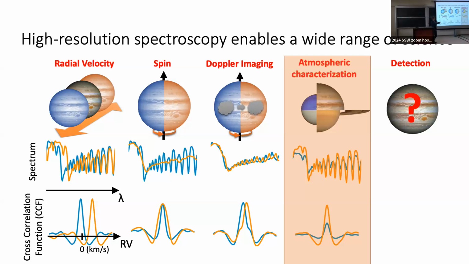The next thing is going to be atmospheric characterization. By measuring the depth of the lines, for example, the relative depths as a function of wavelength between different molecules, you can characterize your atmosphere and measure abundances.